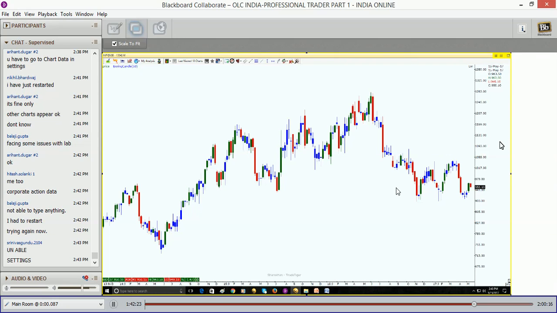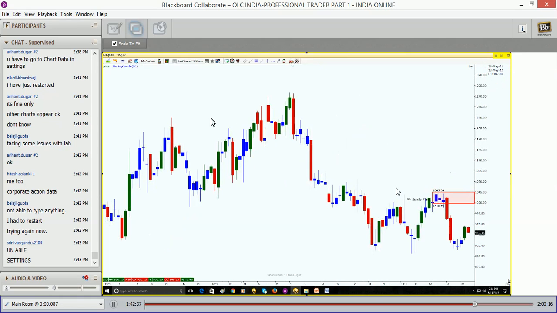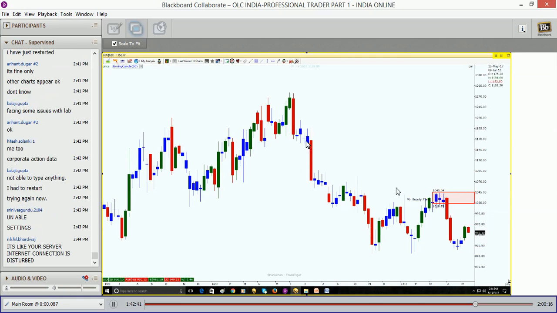Let me mark it for you guys, and let's get into the basic aspect of the concept of location. My two closest supplies, if you turn your attention to my screen, one would be this one over here, and the second one would be this level over here.